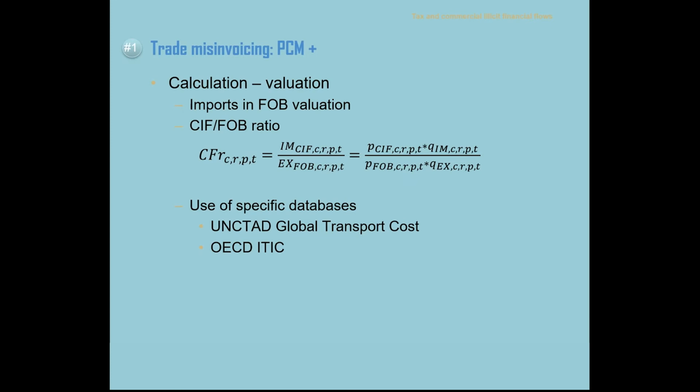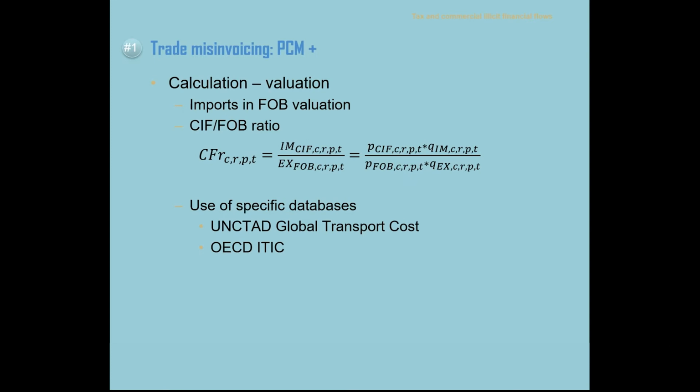So if this is the case, then the correct measure is to apply the imports in FOB valuation and compare them to the corresponding export flows. Therefore, the differences would not be resulting due to differences in valuations. Now, this, however, is usually not the case.